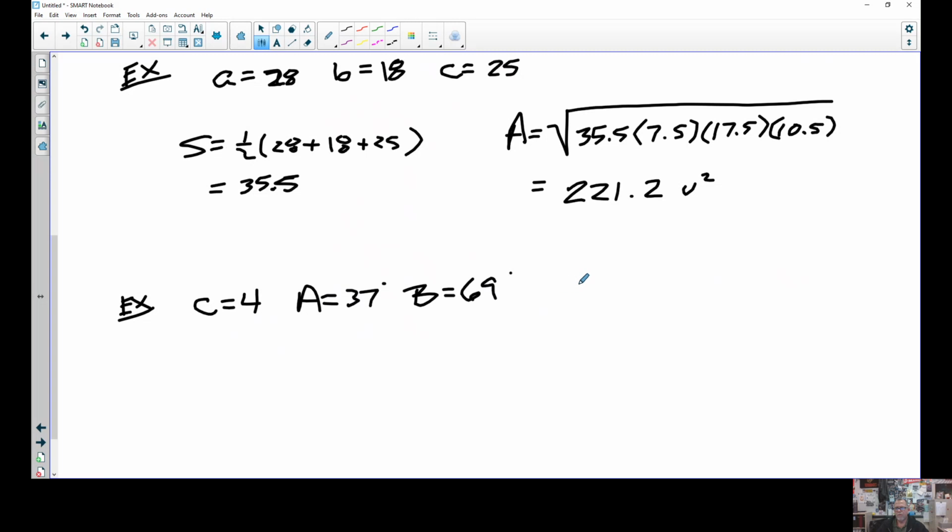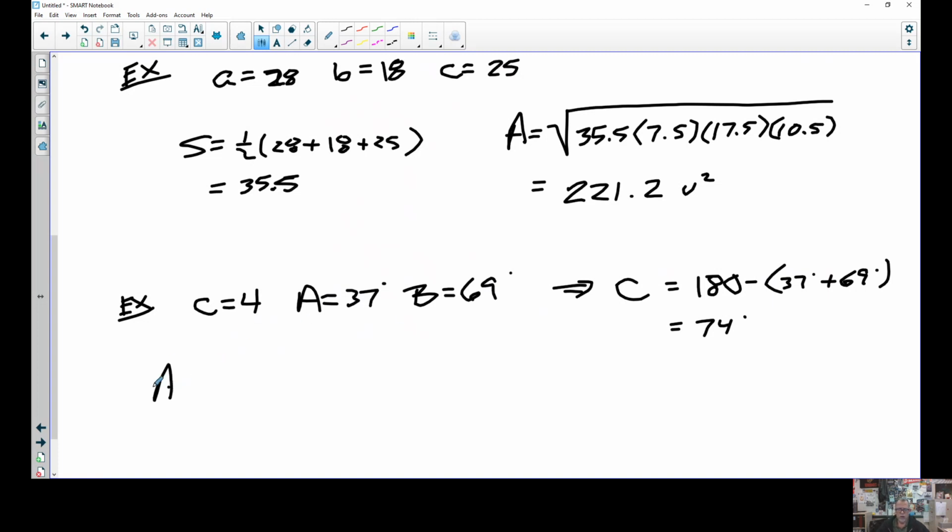So as soon as we see that, first thing we should do is find out what angle C is. Angle C is going to be 180 minus 37 degrees plus 69 degrees. So that's 106. So this would be 74 degrees for angle C. So we have all 3 of our angles and our side.